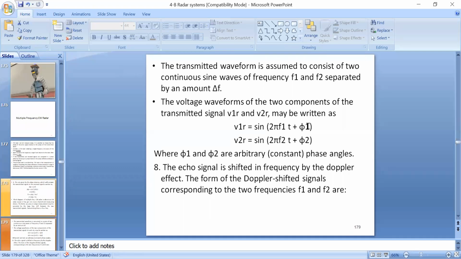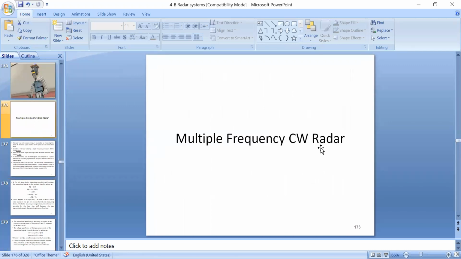On the whole, this is the concept of the multiple frequency CW radar. The basic design is the basic continuous wave Doppler radar only. The only modification in the design is that we use a separate channel and phase detector to compare the phases of the transmitted signals, because we are measuring the range information of a moving target using only the phase difference, right?